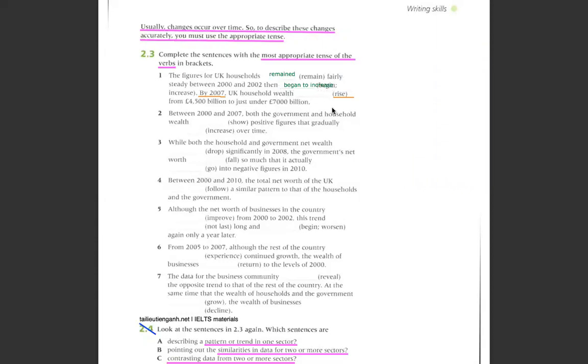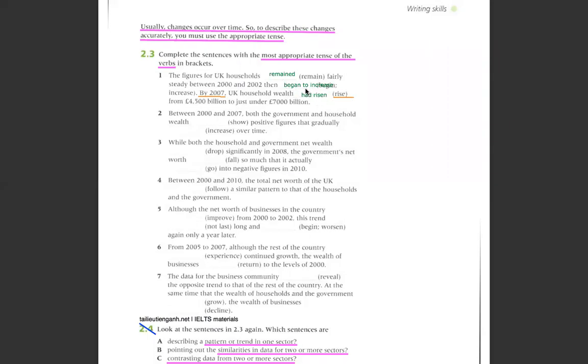By 2007, the UK wealth. Be careful, we're still talking about the past. So we're still using a past tense. But because of the word by, we use had risen. So the past perfect.